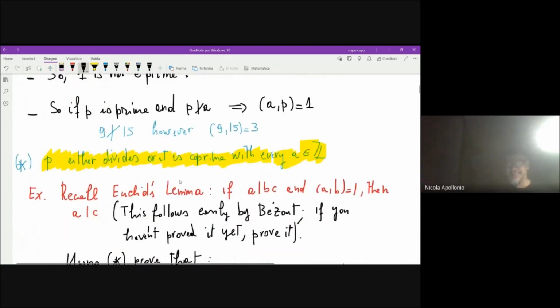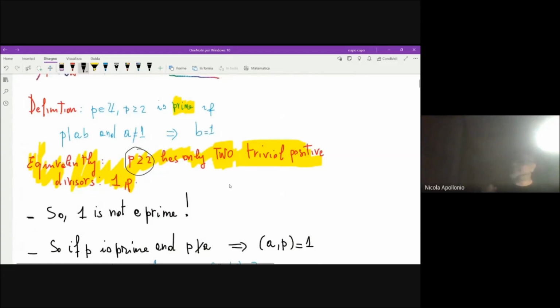So what is the importance of primes? That they are somehow atomic, even if there are subatomic things now, but let's say the smallest brick by means of which you can construct everything. And by this definition they are not further divisible. So in a sense, they are really a whole.